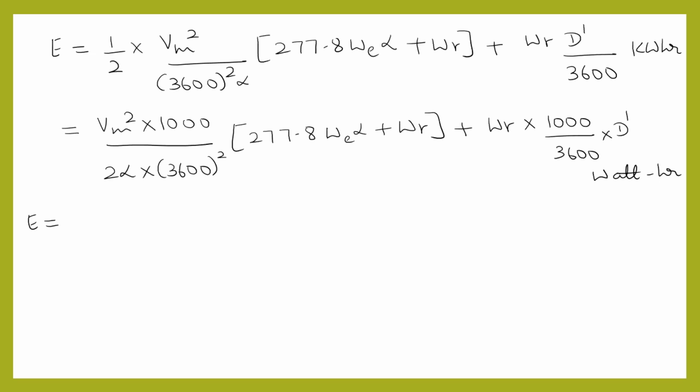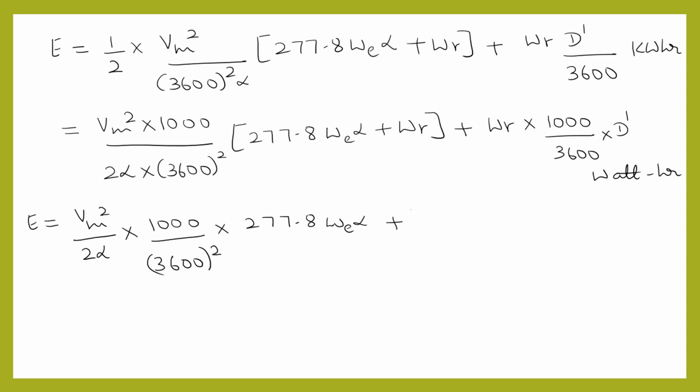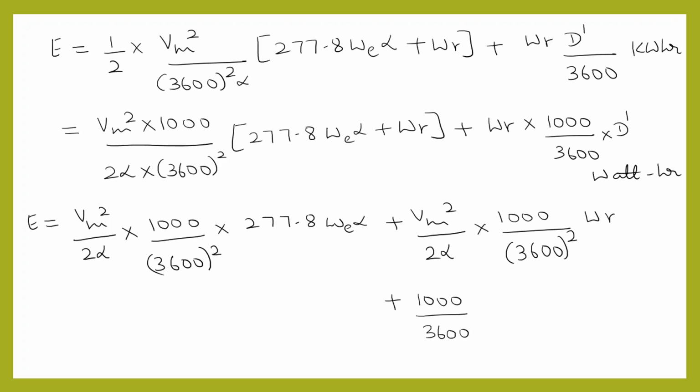So E is equal to Vm square by 2 alpha into 1000 by 3600 square into 277.8 We alpha plus Vm square by 2 alpha into 1000 by 3600 square Wr plus 1000 by 3600 Wr D dash.